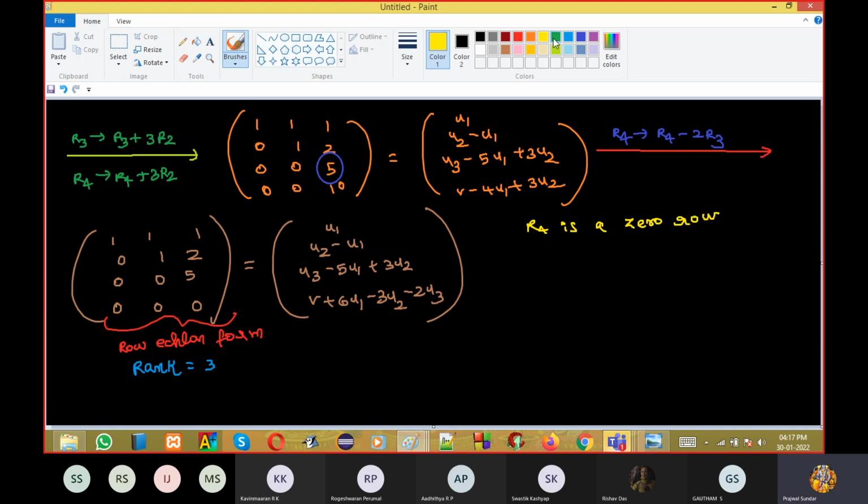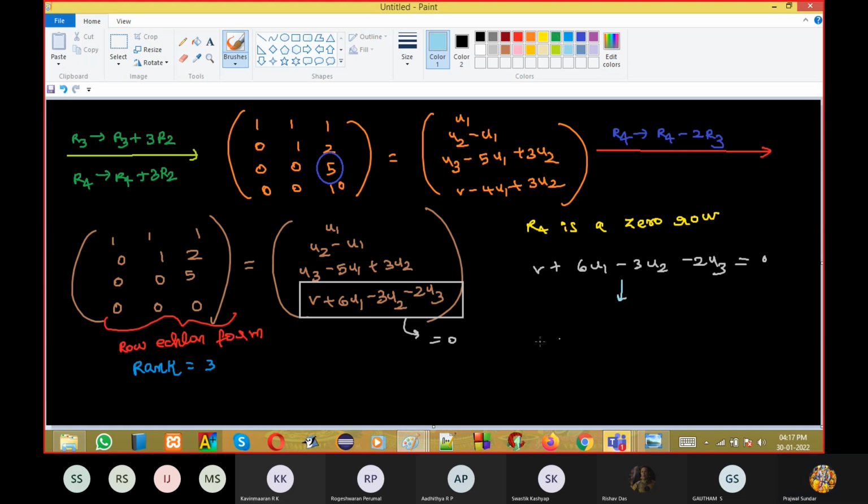So can I say this thing is going to be 0? Can I say V plus 6 U1 minus 3 U2 minus 2 U3 is 0? So V will be minus 6 U1 plus 3 U2 plus 2 U3.